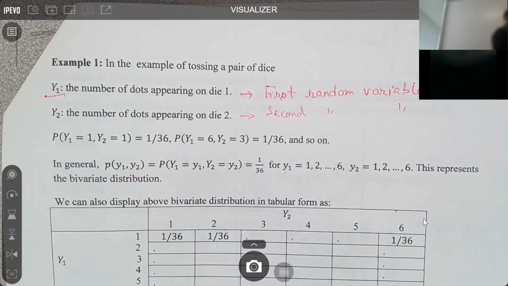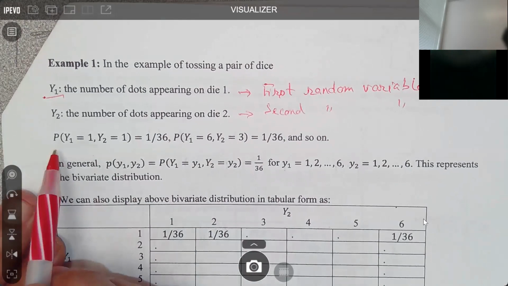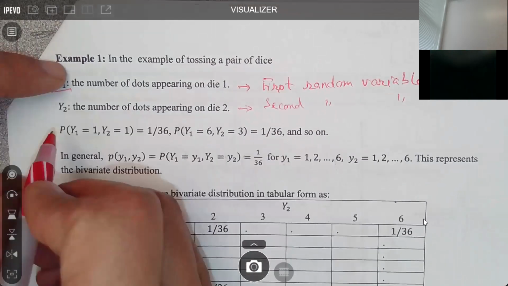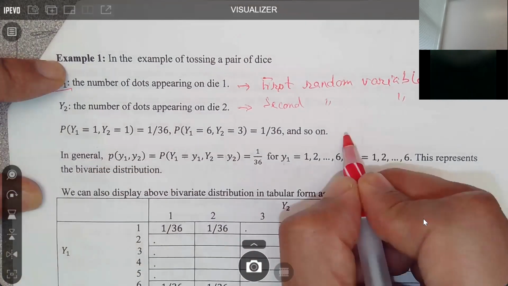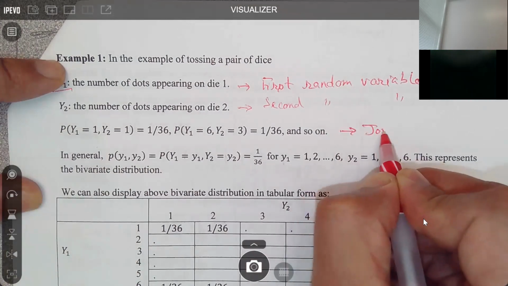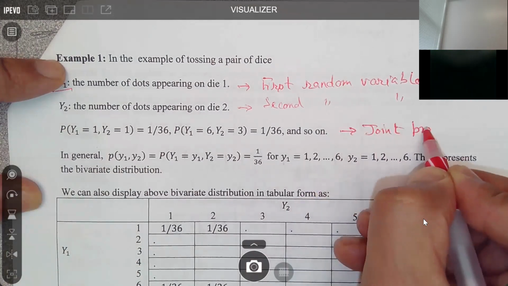Now we want to find the joint probability.